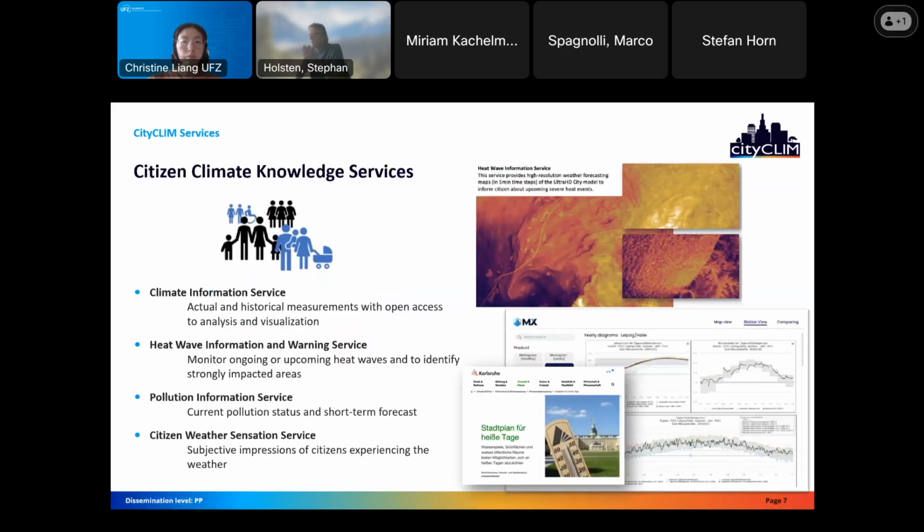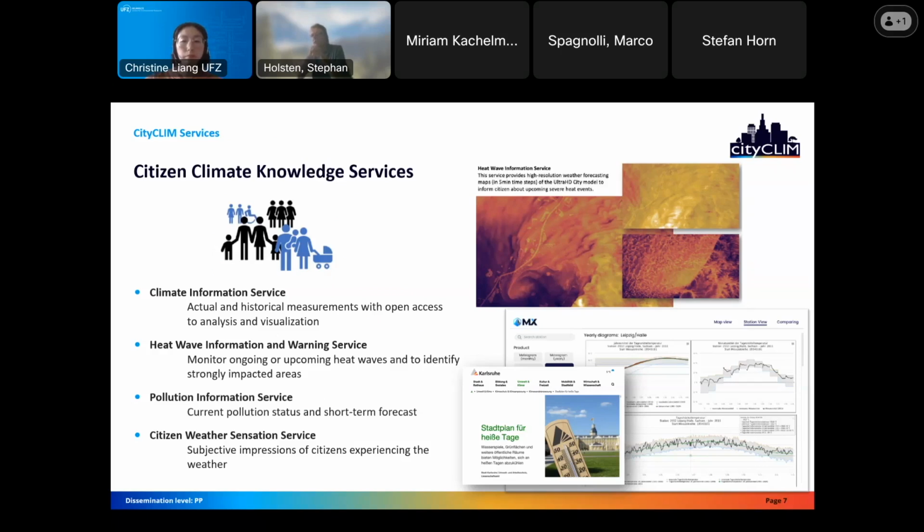A very brief introduction, because you will have an in-depth look into these later on. We have so-called citizen climate knowledge services that address the citizens in the cities directly. Normally, this data will likely be provided for free. These are general climate information services about actual and historical measurements in your region. There is the heat wave information and warning service, like a classical weather service.